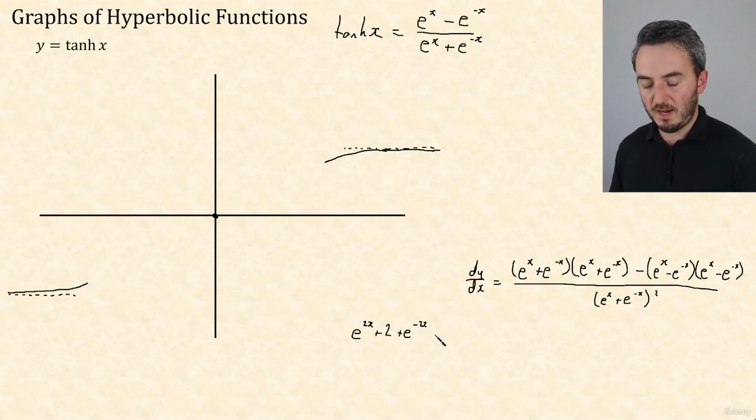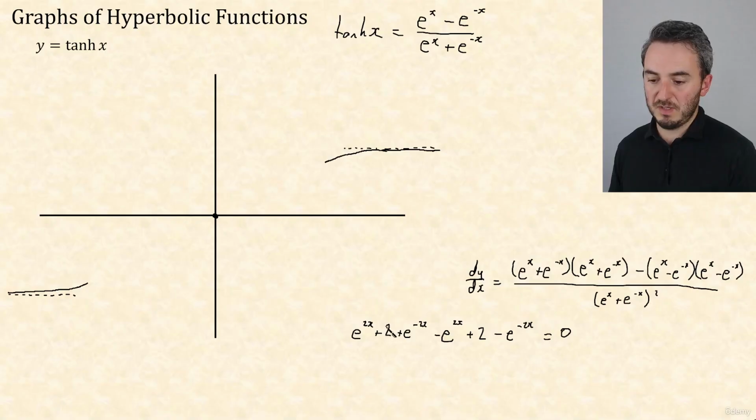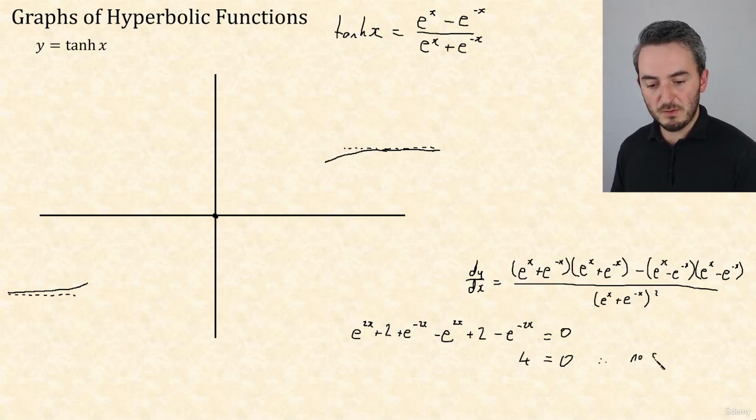Expanding the other bracket, I have minus e to the 2x, minus minus, so plus 2, and then minus e to the minus 2x. And if that were equal to 0, well, that's a problem because we have just 4 left. That cancels with that. That cancels with that. We end up with 4 equals 0, there, which is a contradiction, obviously, so no stationary points.